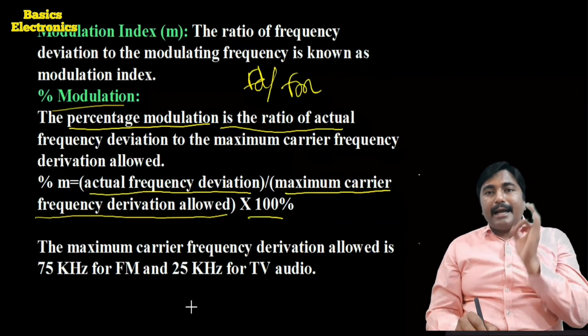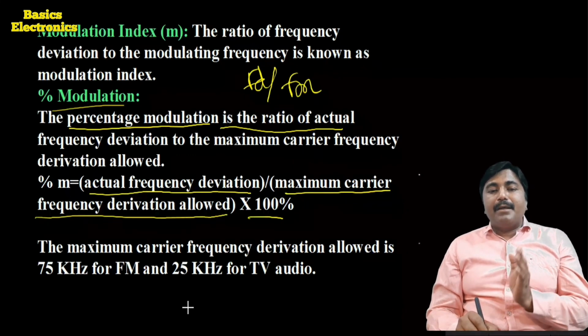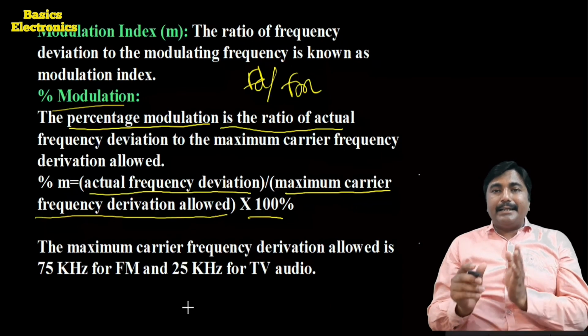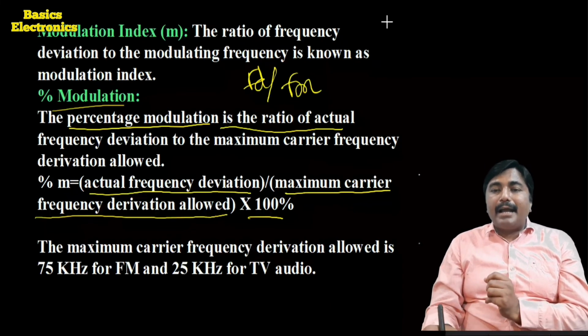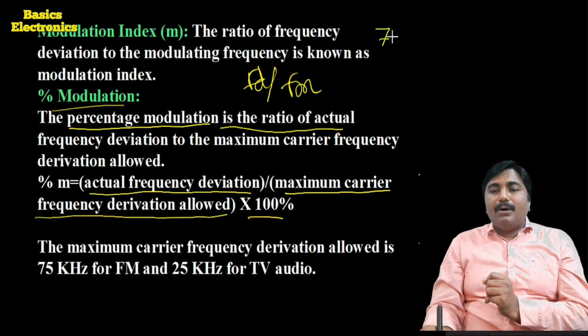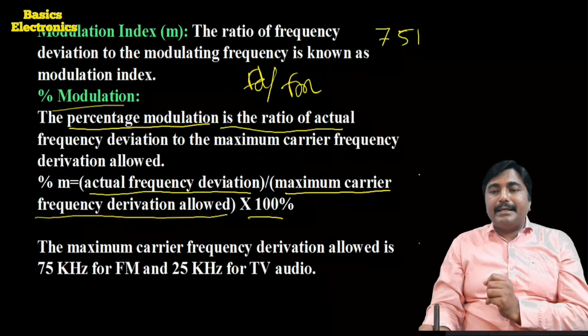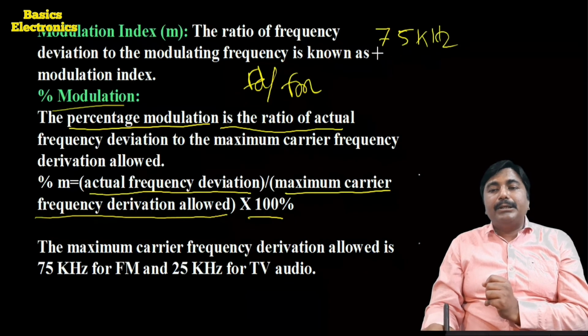As per the FCC standard, some maximum frequency deviation is allowed. For FM, the maximum audio frequency deviation is 75 kilohertz.